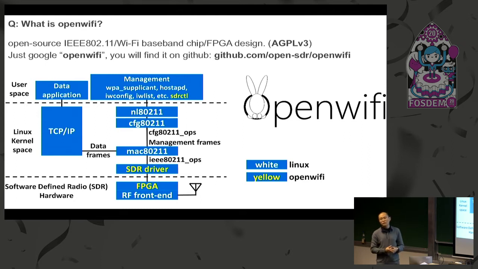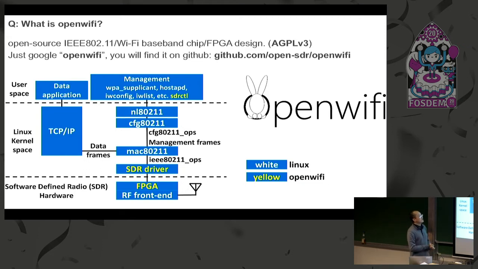You can just Google open Wi-Fi. You will find our GitHub repository. Currently, I think it's in the top 3 or top 4 items in the Google search engine. Well, maybe it depends on your browser or your most frequent searching words in your browser. But in my browser, it's the third one.